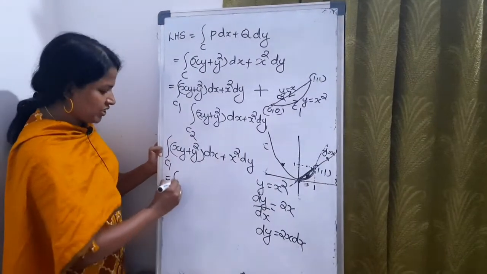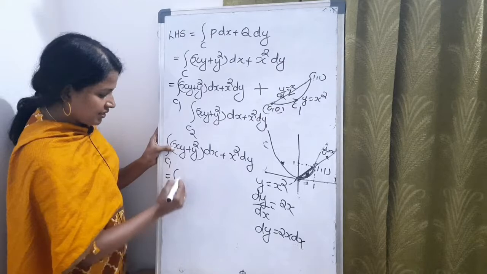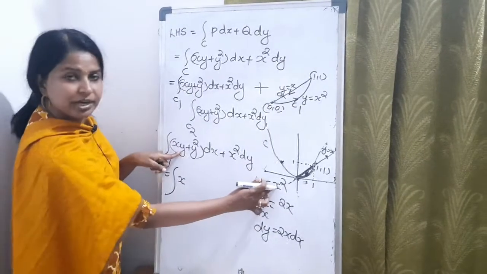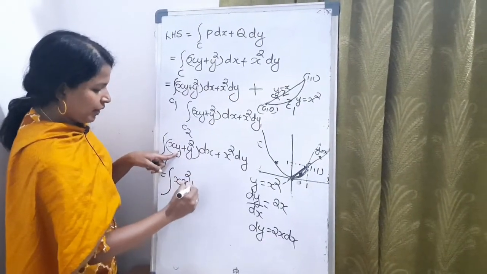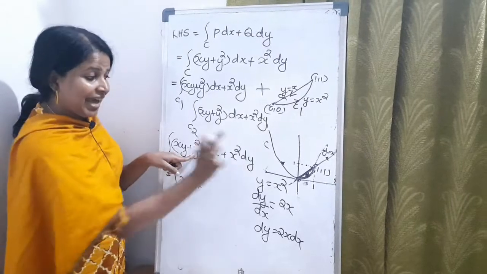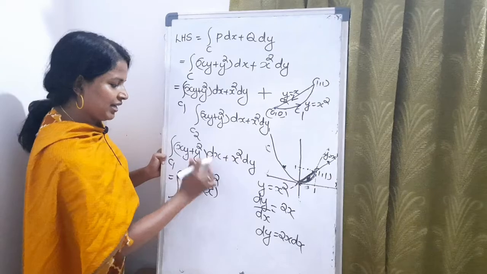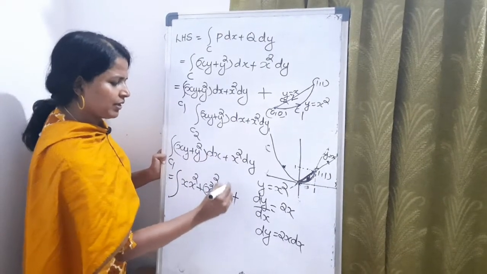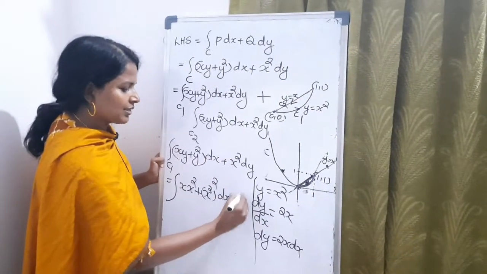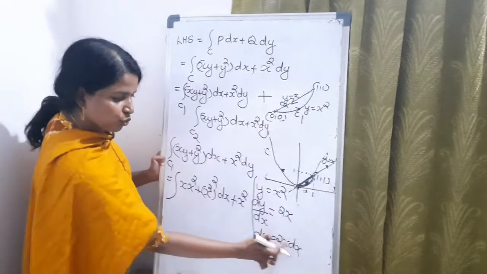Listen, that is equal to the integral of x times y, which becomes x², plus y², which is (x²)², dx, plus x² dy, which is 2x dx.